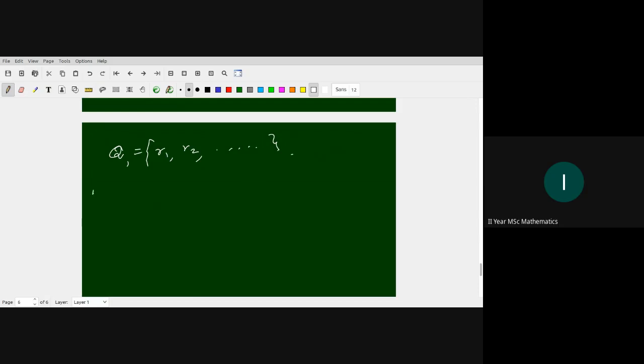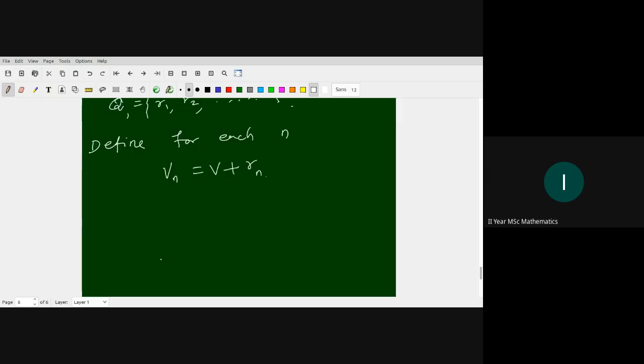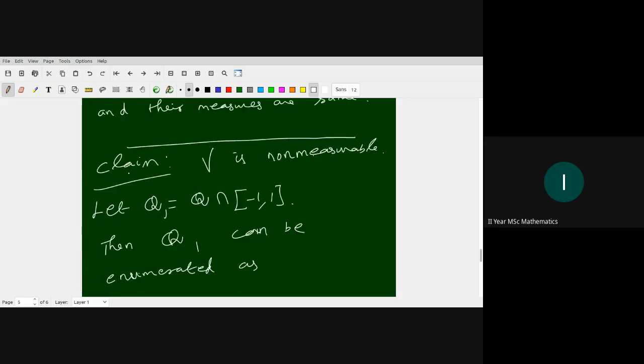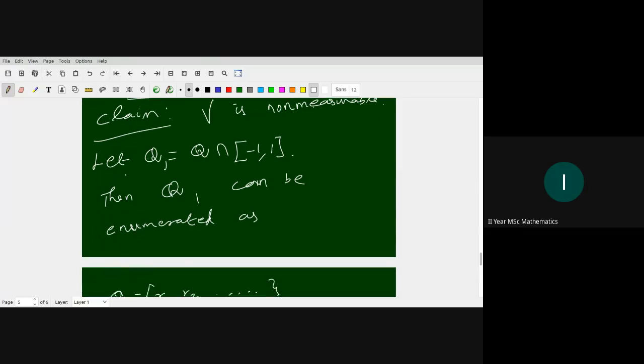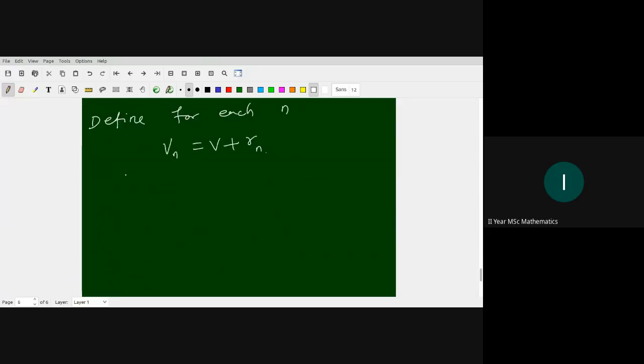Right? And define sets Vn for each n. Vn equals V plus Rn. By the previous lemma, if V is measurable, Vn is measurable. So our claim is V is non-measurable. Now we are going to prove it by contradiction. Assume that V is measurable.